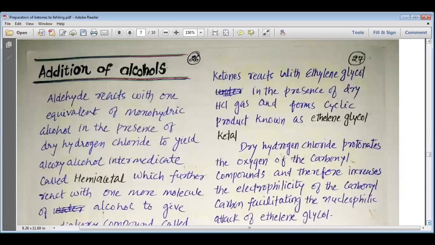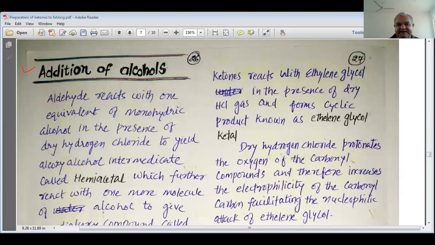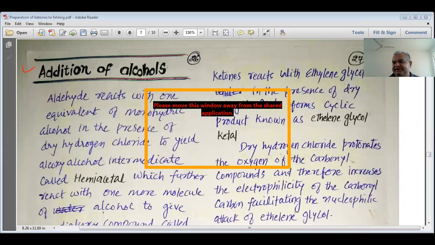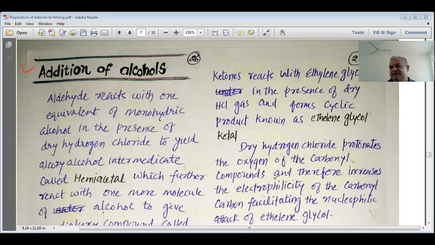Now, my dear students, we want to study the addition of alcohol. Before we move on, I would like to ask whether you understand everything. Do you have any doubt? If you have any doubt, you can ask me, or you simply say, sir, understood. Please reply so that we can move forward.